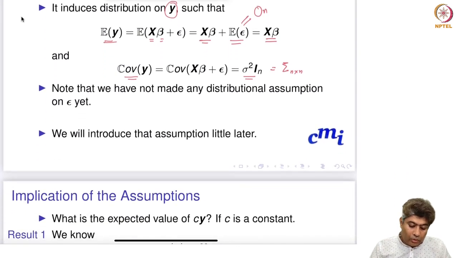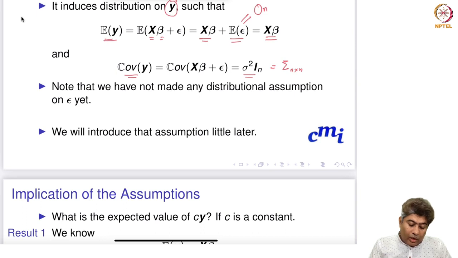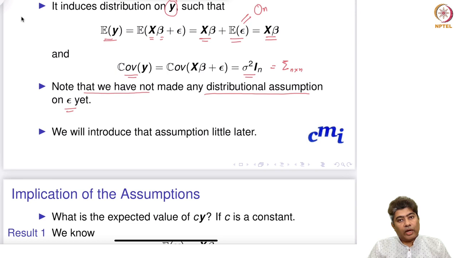Now, one important thing I would like to make clear is that we have not made any distributional assumption on epsilon yet. We have only assumed that the residuals or errors are random variables.